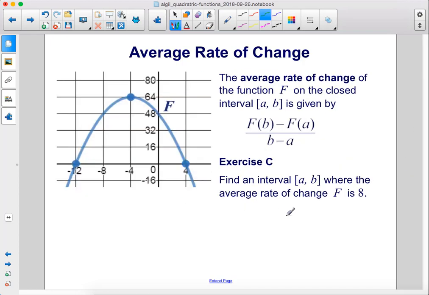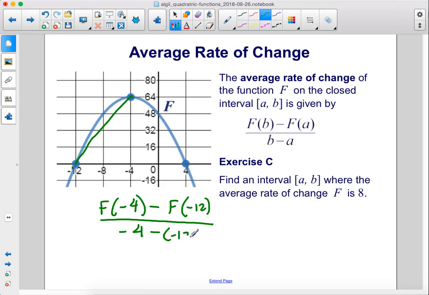Find an interval a, b where the average rate of change of f is 8. All right, so a line between this point and this point looks like it could have a slope of 8. So let's use this point and this point to figure it out. So we have f of -4 minus f of -12 divided by -4 minus -12.